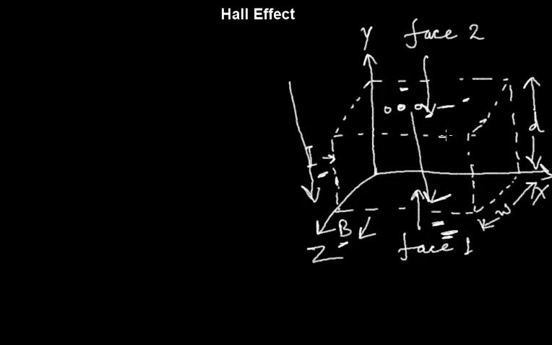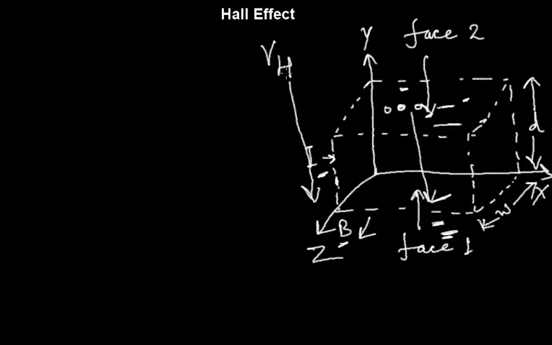Now when one of our phases acquires positive or negative charge, in both cases there will be a potential difference between both phases, right? That potential difference, or voltage, is known as Hall voltage here, and we'll denote it by capital V_H.